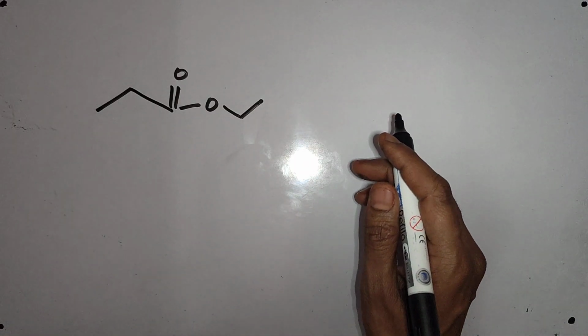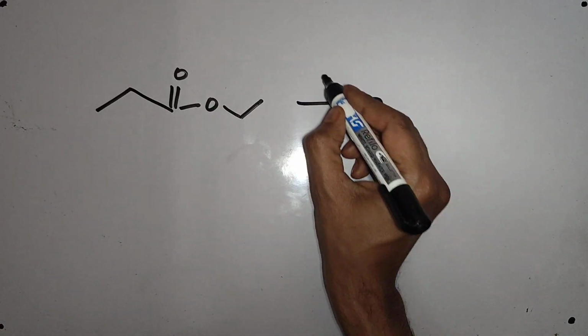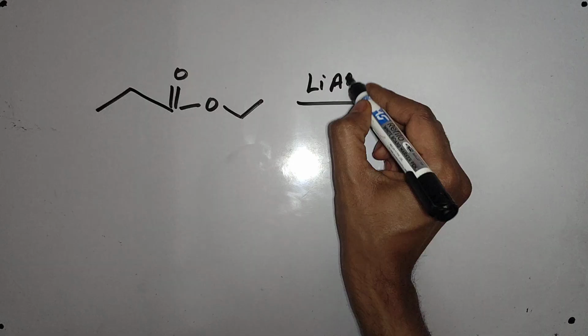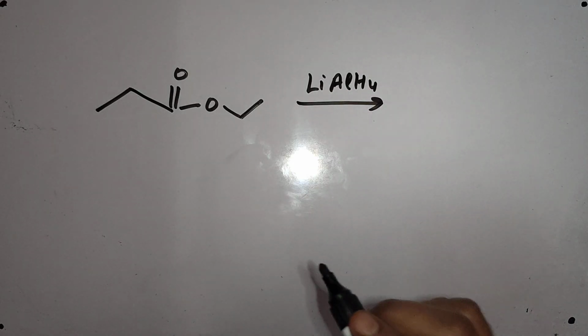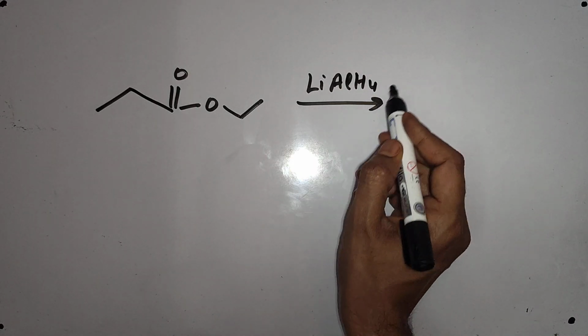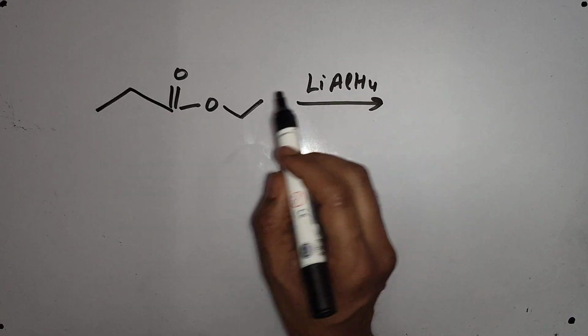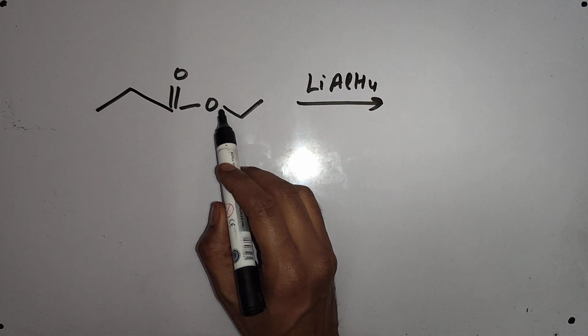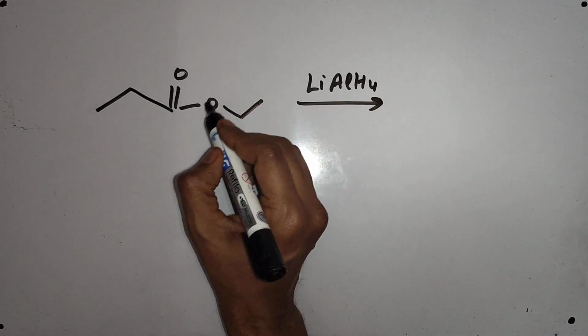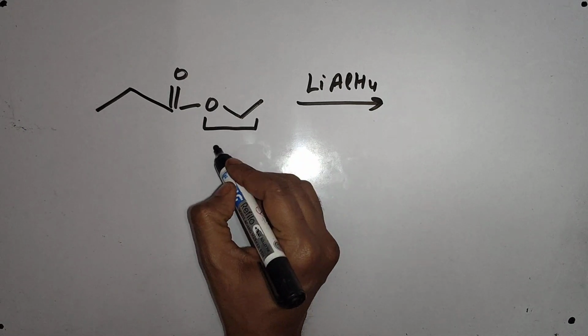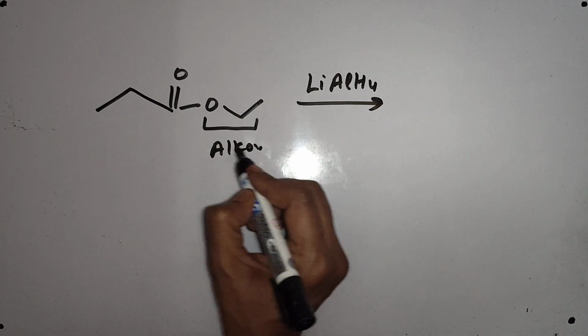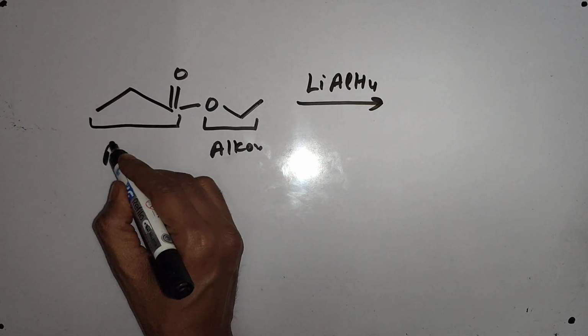This is an ester, and here lithium aluminum hydride is written. So what will be the product? Lithium aluminum hydride is a reducing agent, means this ester will be reduced. What technique have I told you? This part is alkoxy part and this part is acyl part.